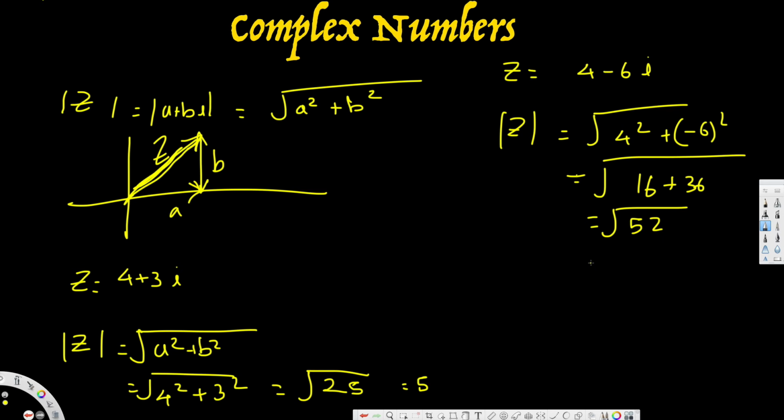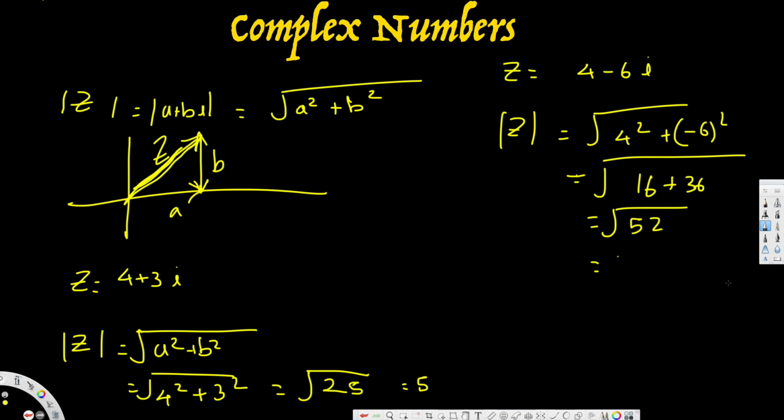Now we have to see what's the highest square multiplication. Square numbers are 1, 4, 9, 25. 1 square is 1, 2 square is 4, 3 square is 9, 4 square is 16, like that. We have to see which is the highest square multiplication that can bring 52.